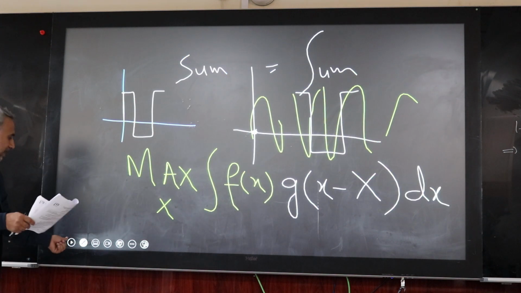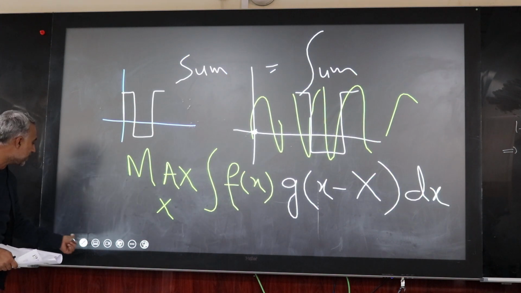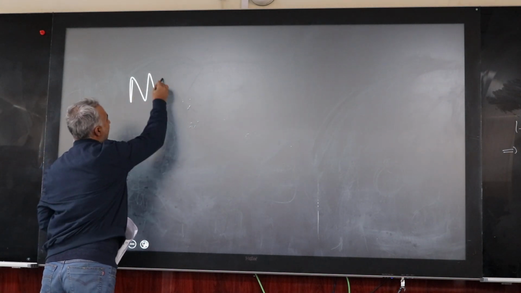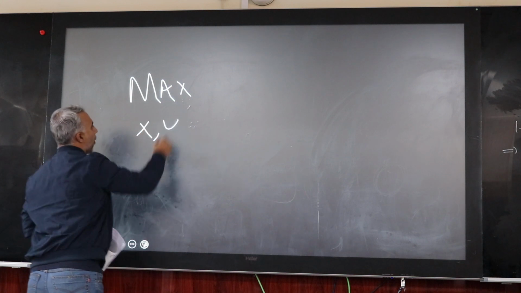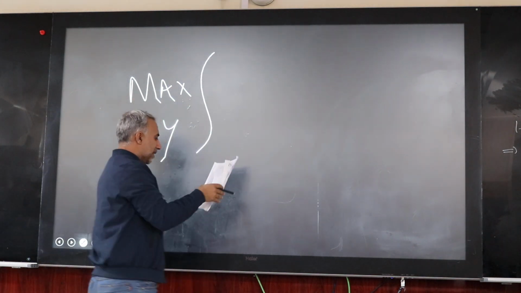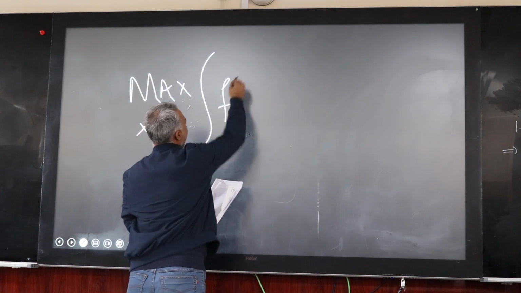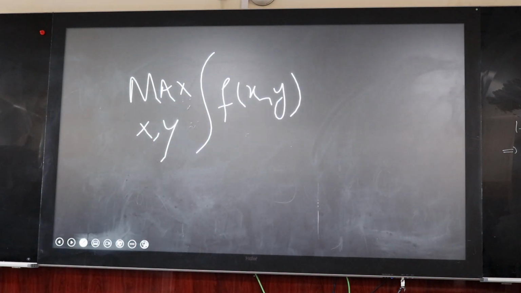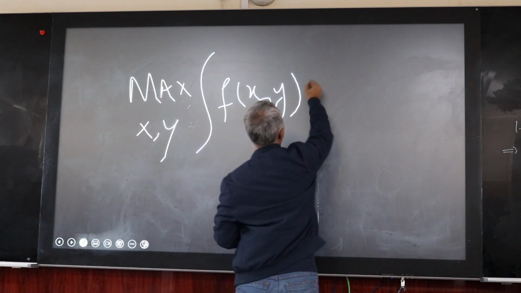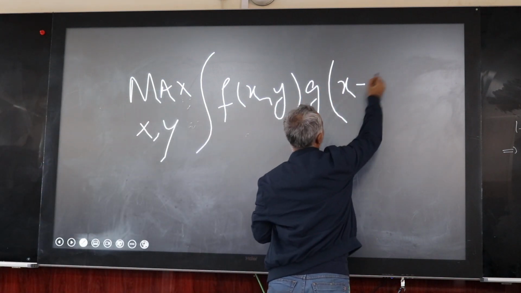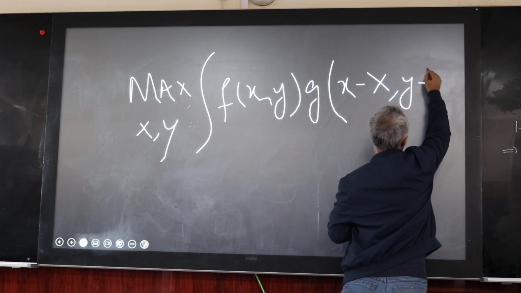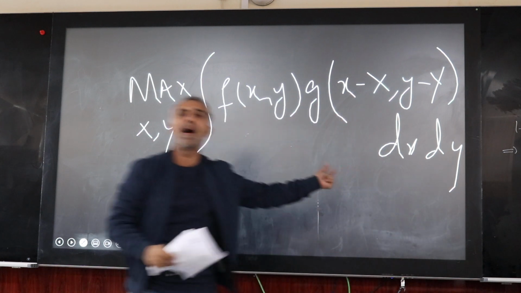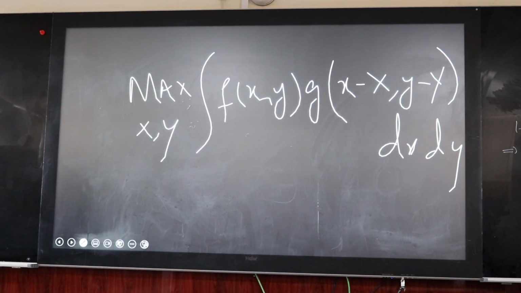So if this is the 1D signal, and I am talking about the 2D signal, then it will act like a function of x, y. This 2D function will be shifted like this, x minus X, y minus Y, and then dx, dy, the small increments.